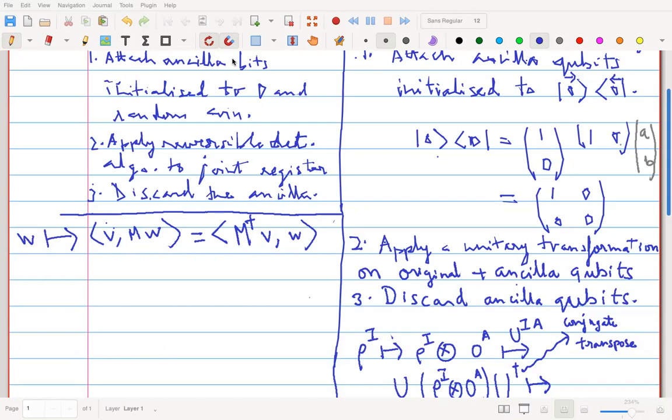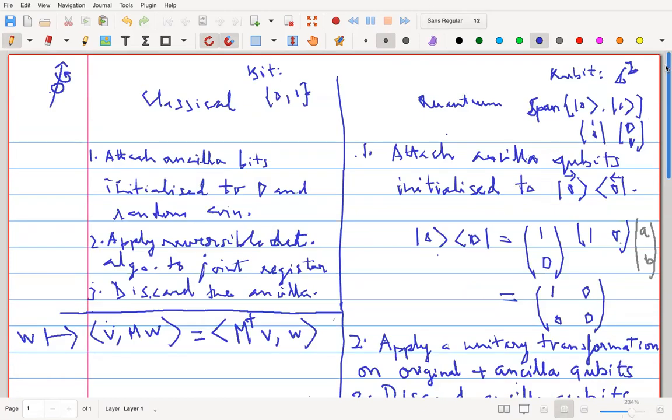So let me repeat what I was saying last. Let's go to this picture. To remind everyone, the jargon pure state means that the density matrix is a rank 1 density matrix.